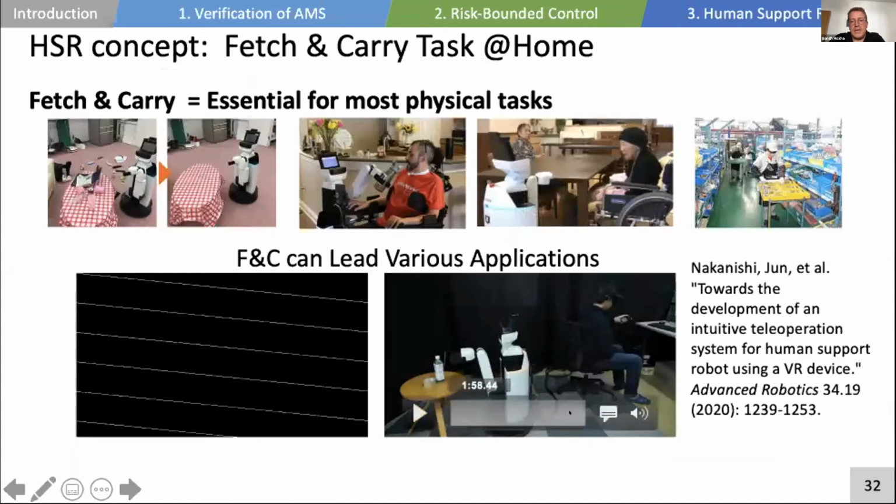Many research groups have been working with it already, and you might have already seen it. In that case, I apologize for the repetition, but a lot of work has been shown for fetch and carry tasks. The human support robot helps the elderly, the disabled, and so on to complete day-to-day tasks.